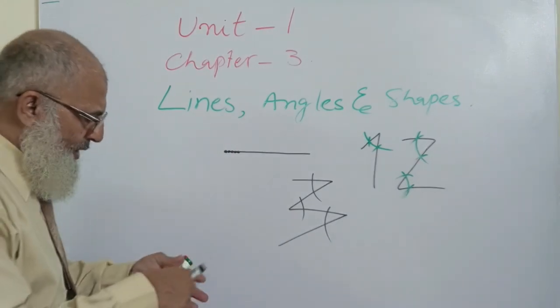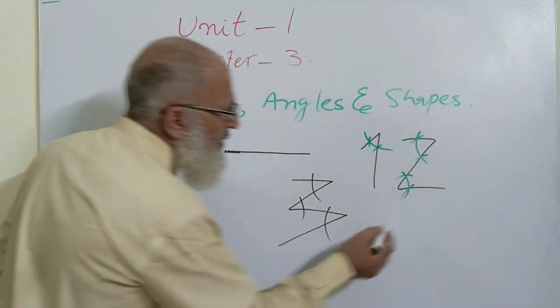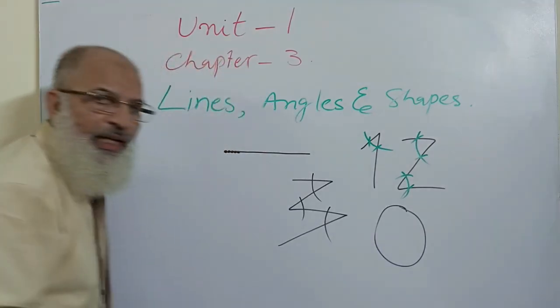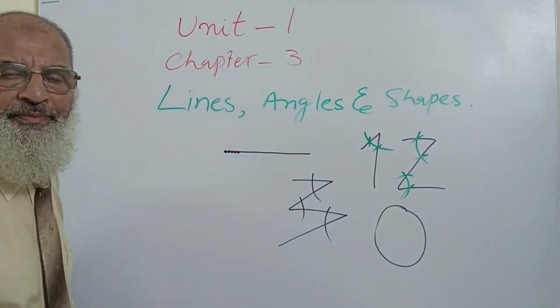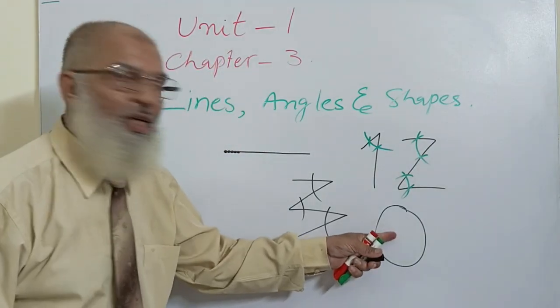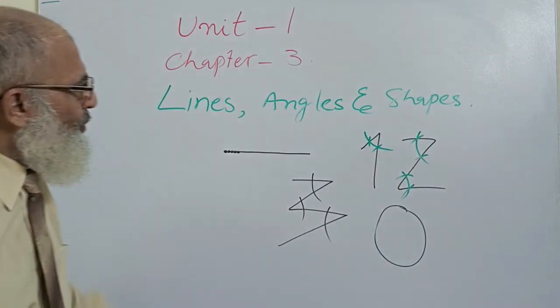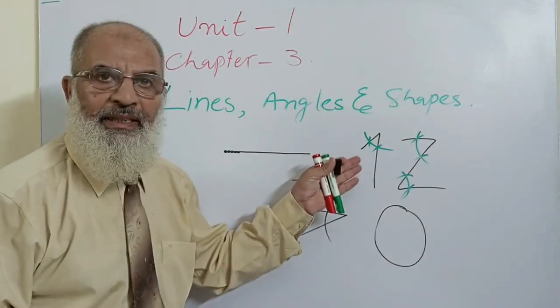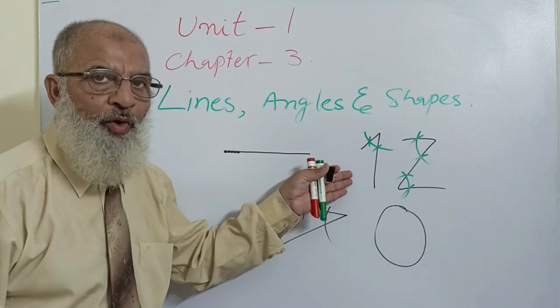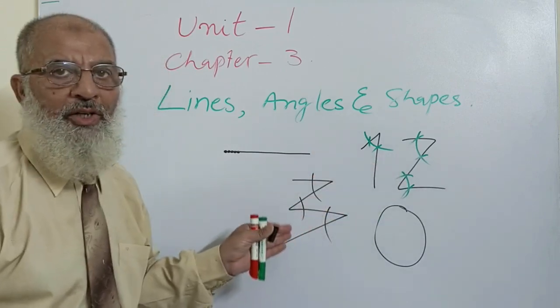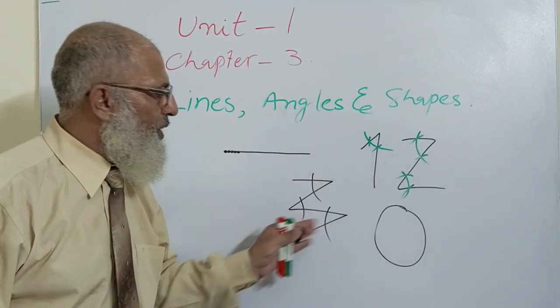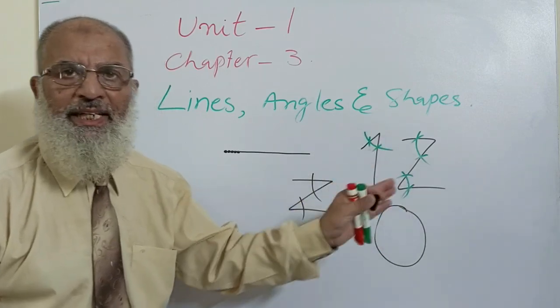And for 0 it was like this, and we find no angle. You see that we find no angle over here. So it was a theory that angles form the digits or the numbers 1, 2, 3, 4, 5, 6, 7, 8, 9, and 0.